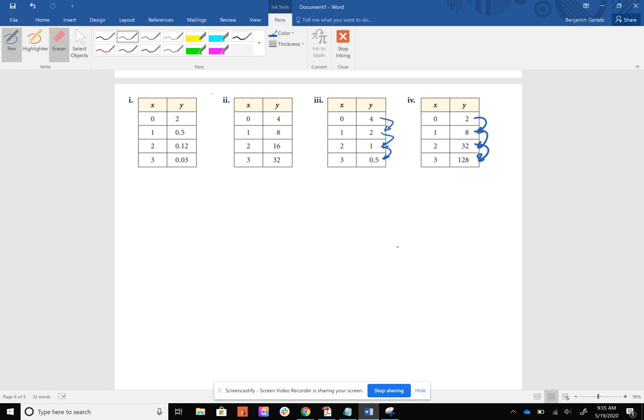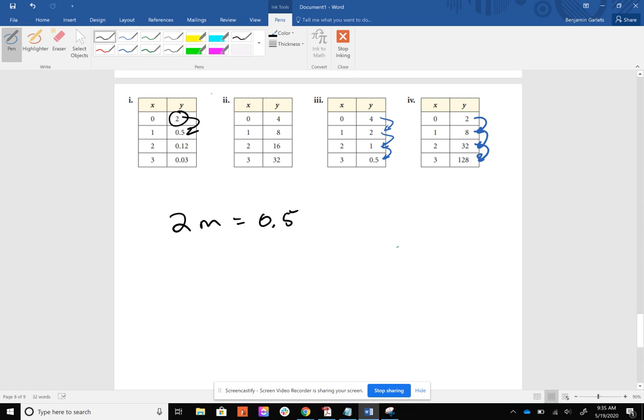So if I've got a starting value of 2, I'm multiplying that by some value. Let's call that value m for multiplier. So 2 times m is going to give me 0.5.